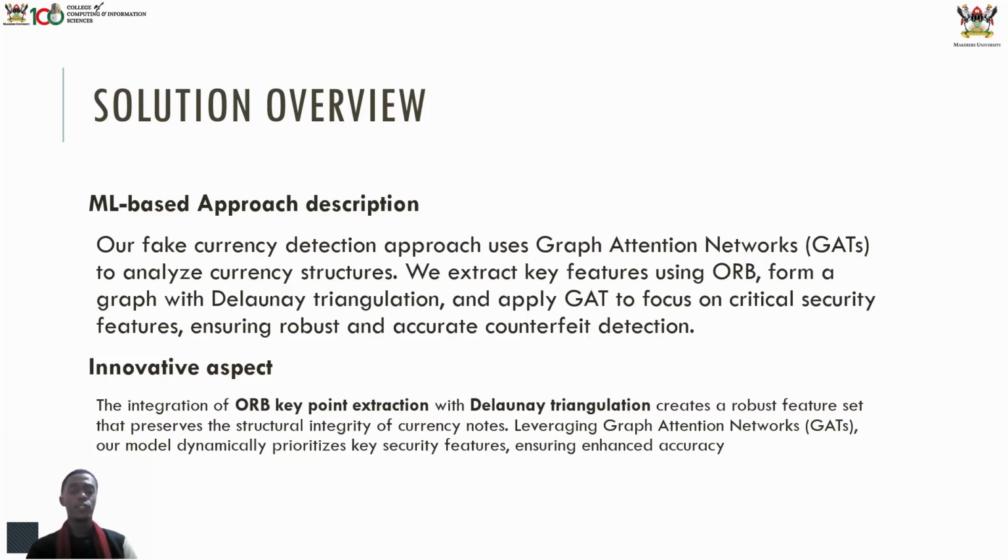Then the innovative aspect of all this is that we have an integration of the ORB key point extraction with the graph construction that creates a robust feature set that preserves the actual structural integrity of the currency note. And then leveraging the GAT on that robust feature set dynamically prioritizes key features, and of course enhances accuracy.